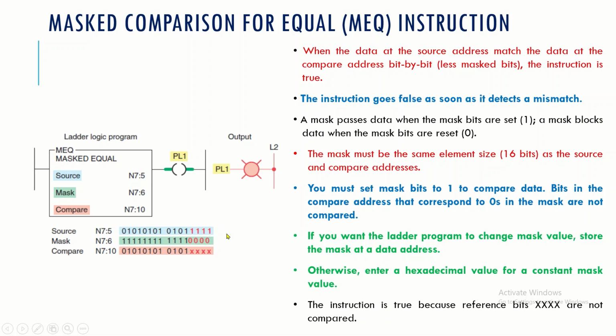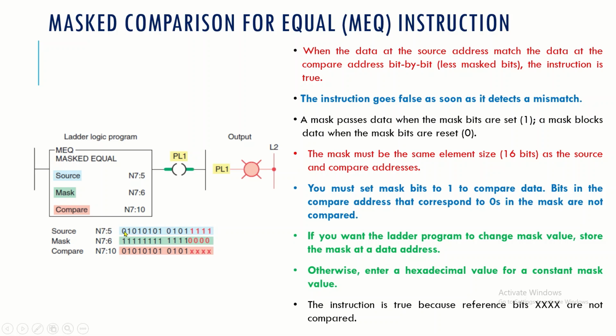Now you see that when the data at the source address matches the data at the compare address, in each case you can find there are addresses, bit by bit, the instruction is true. So this MEQ instruction compares the data bit by bit.